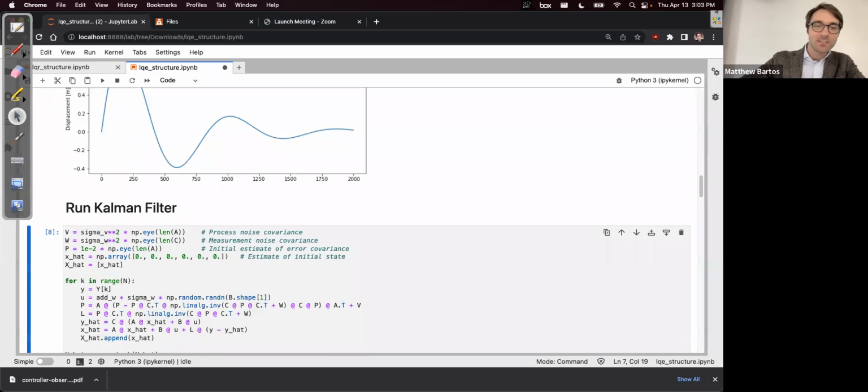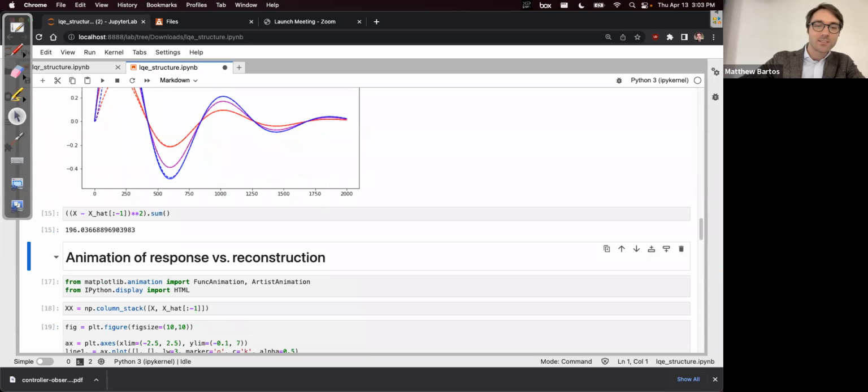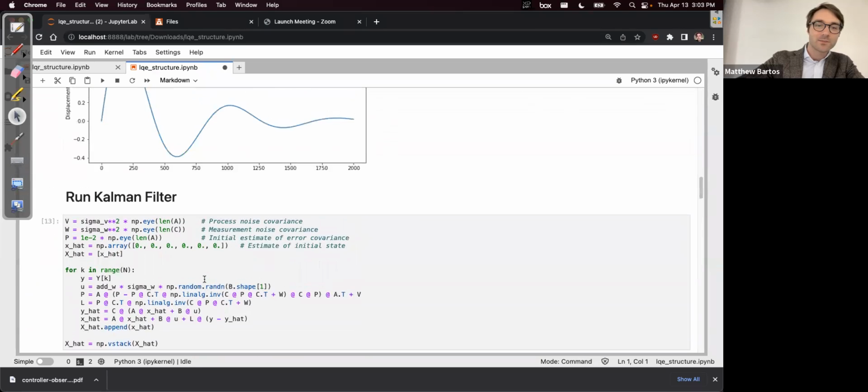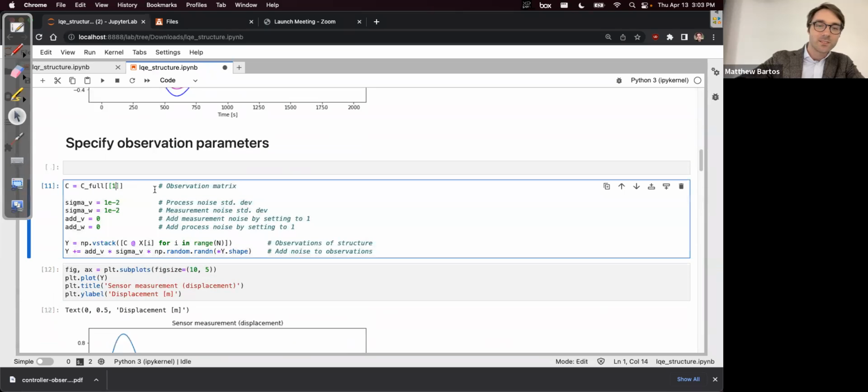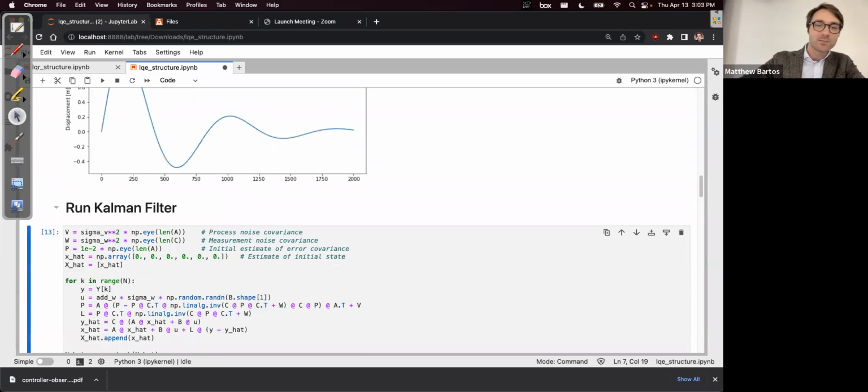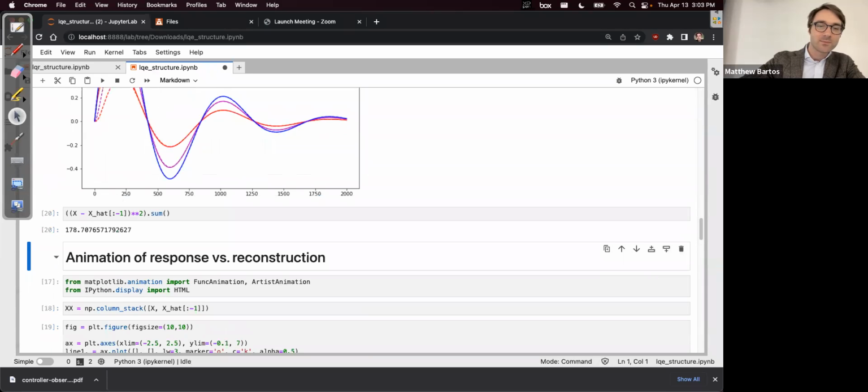Second floor is 196. Third floor is 178. So actually, the third floor is the best. Interesting.